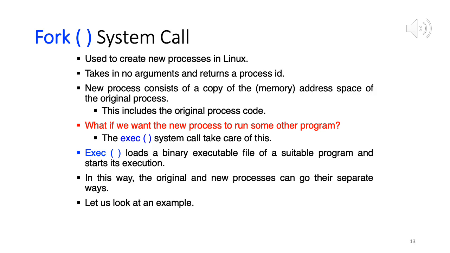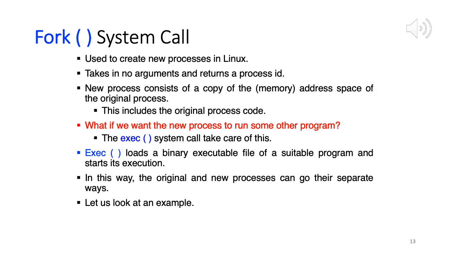So remember, each process is identified. It has a unique identifier, which is its process ID. So this process ID is what is returned by fork. So if within your parent process you are calling fork, then fork will return back the process ID of the newly created process. So that way now you know its identity and you can use it accordingly in the program.